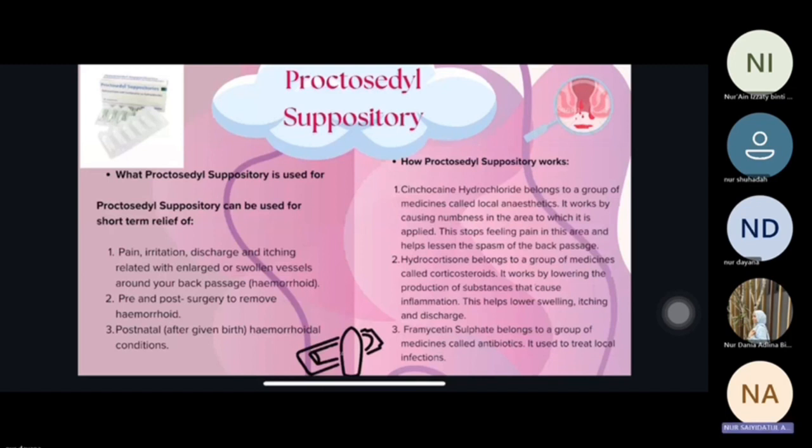Second, hydrocortisone belongs to a group of medicine called corticosteroids. It works by lowering the production of substances that cause inflammation. This helps lower swelling, itching, and discharge. Last, framycetin sulfate belongs to a group of medicine called antibiotics. It is used to treat local infections.